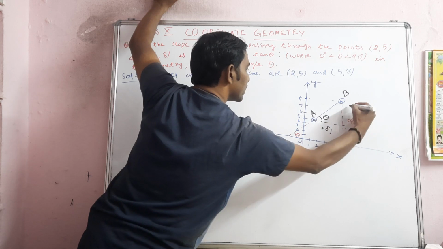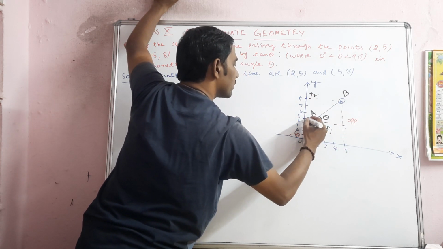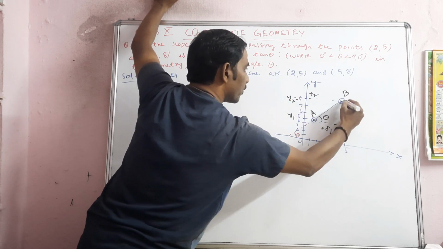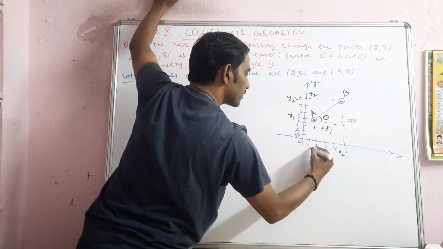This point is y2, this point is y1, and this is x2 and this is x1.